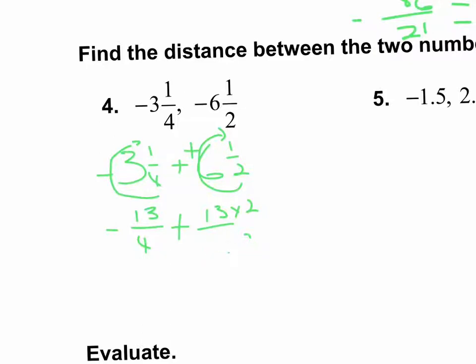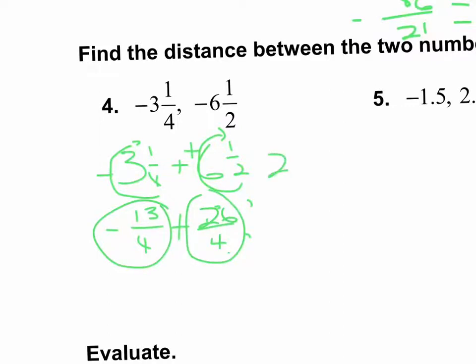So this bottom one becomes 4, and this top one, 13 times 2 is 26. So this becomes 26 on the top. Then we go ahead and circle our terms.